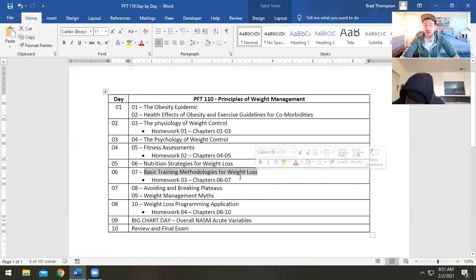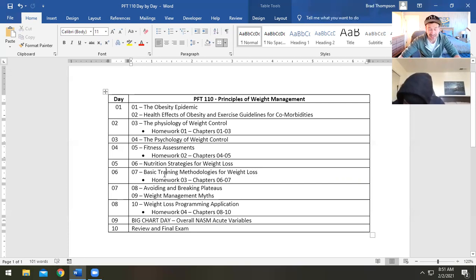Basic training methodologies here on day 6. Now this one is where we're going to talk about some of the principles. This is where this class gets just a little odd, and it's almost a little bit out of order, because you can see we've got all of these reps and stuff that we're going to talk about down here. But the methodologies part is, what are some of the principles to maximize caloric expenditure, right?